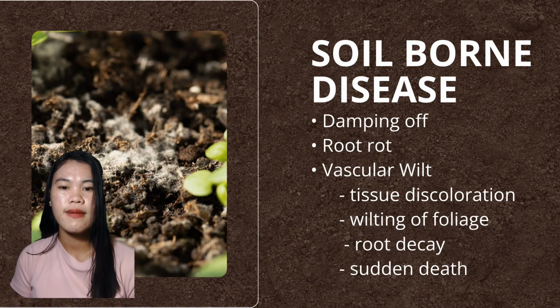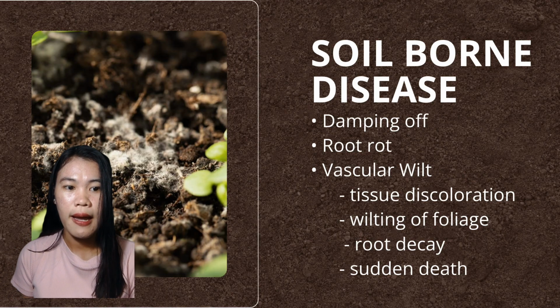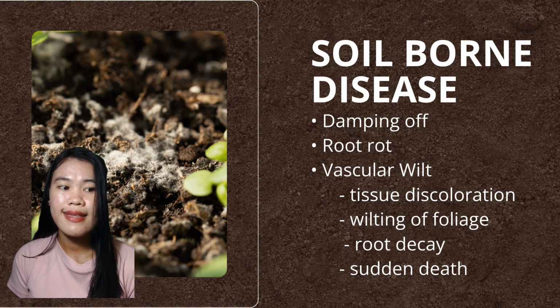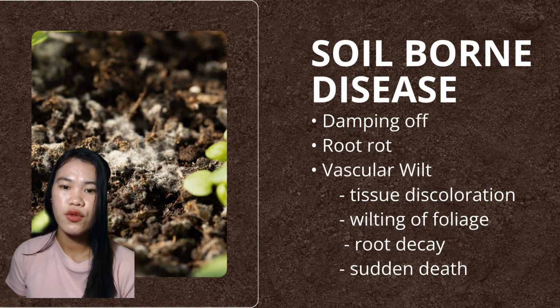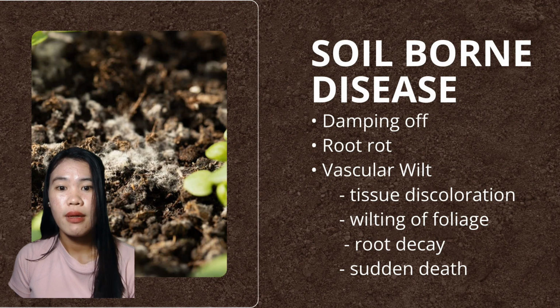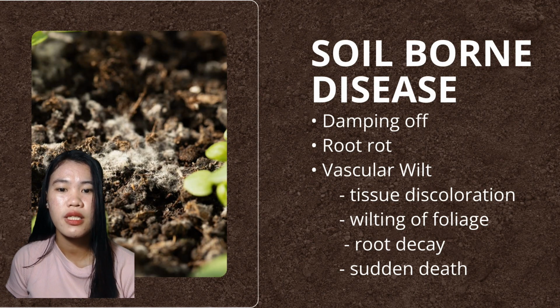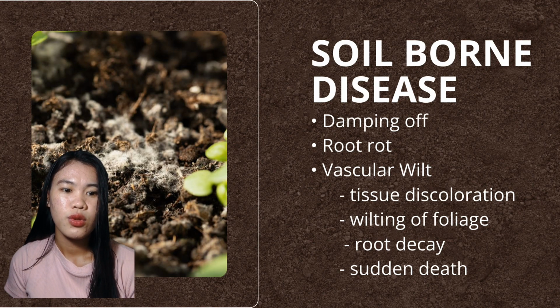And then, the next soil-borne disease is vascular wilt. It is a serious plant disease also caused by fungi, bacteria, and nematodes that infect and damage the plant vascular system, the network of xylem.